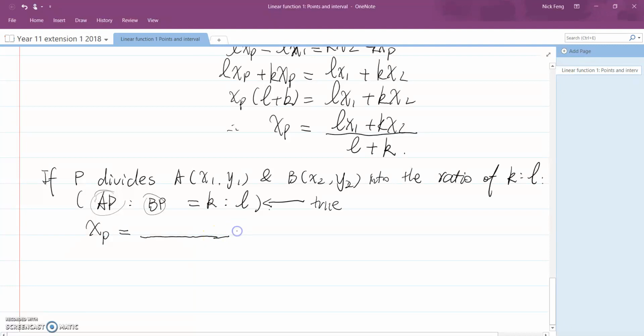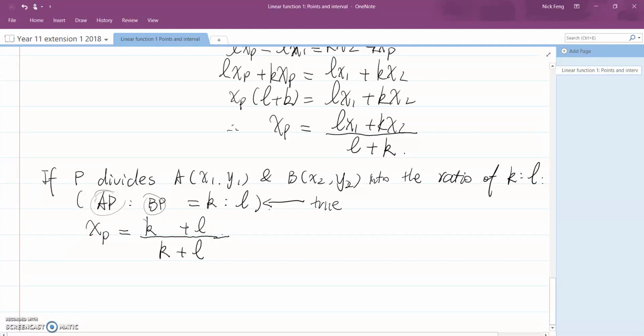How to remember this formula, even though it's also on the formula sheet: K plus L is always at the bottom, which is the ratio. The top still has K plus L, leaving some space for us to put the coordinates in.